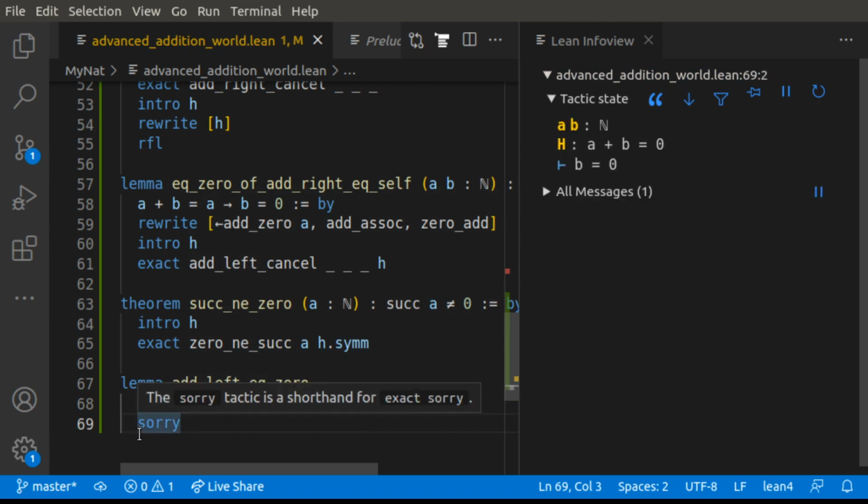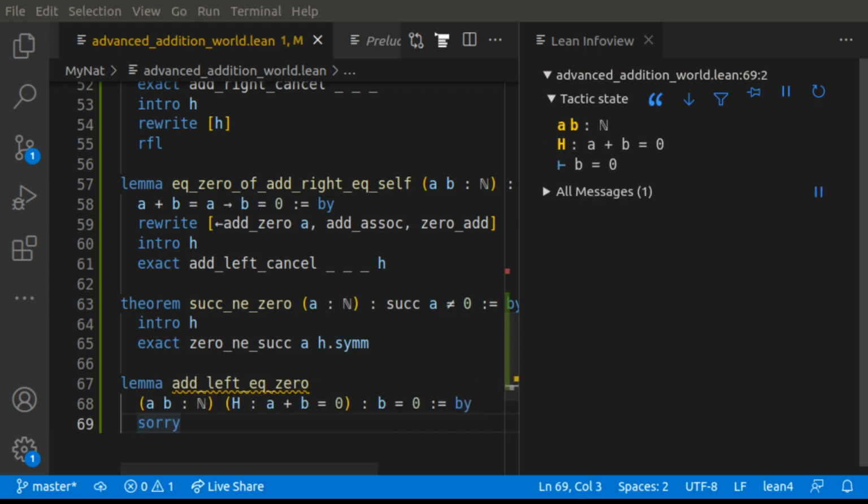Okay, so here we have h, a plus b. So a plus b equals 0 implies b equals 0. Can also imply b equals a equals 0.